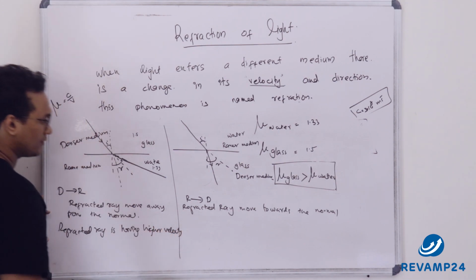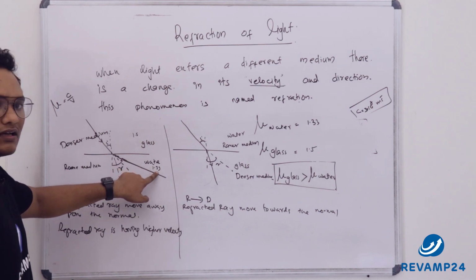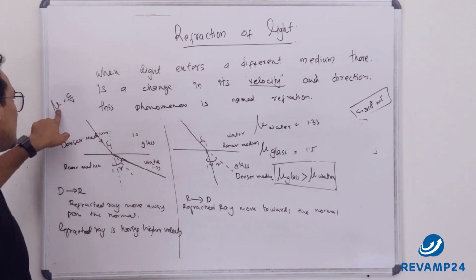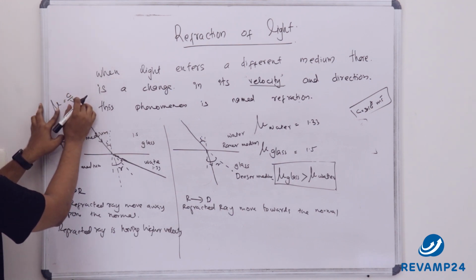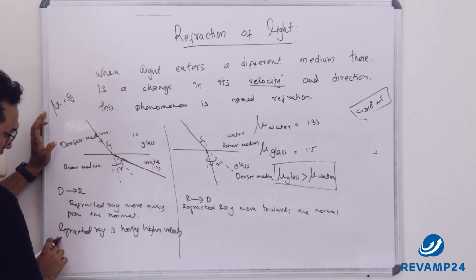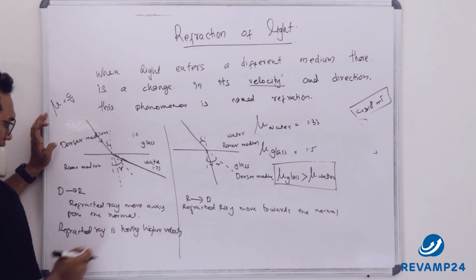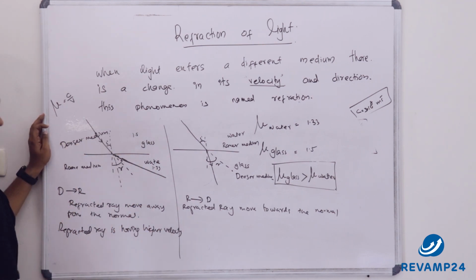Is that correct? Because water has lesser refractive index, so if this value is less, which means V is more. C cannot change. So V is more. So here the refracted ray is having more velocity as compared to the incident ray.